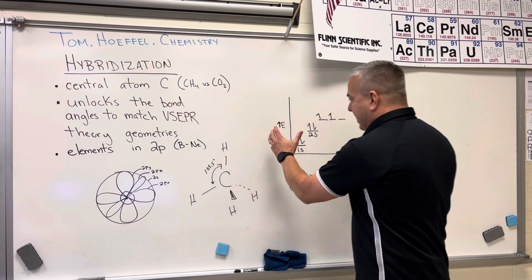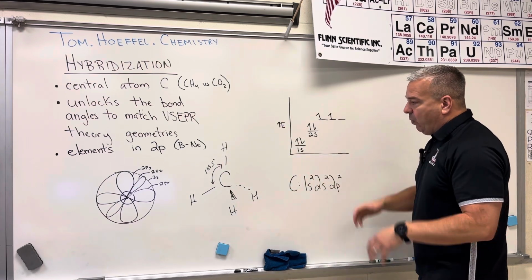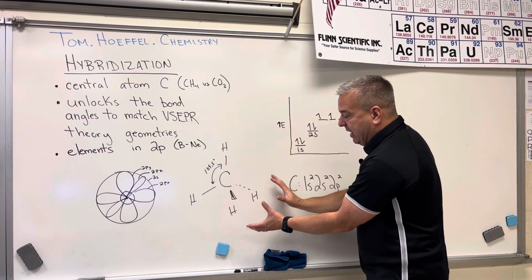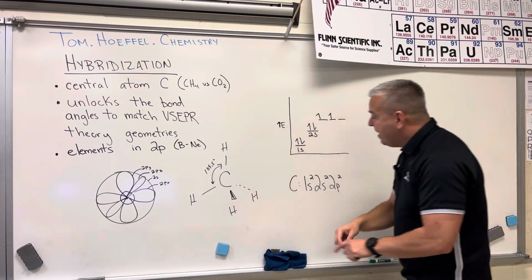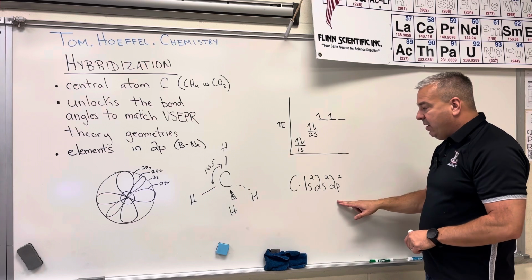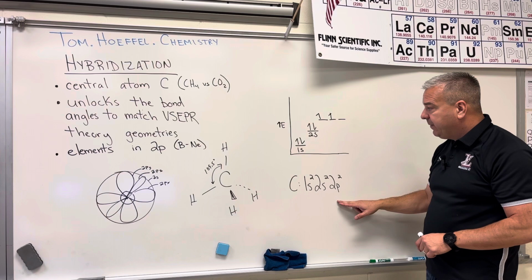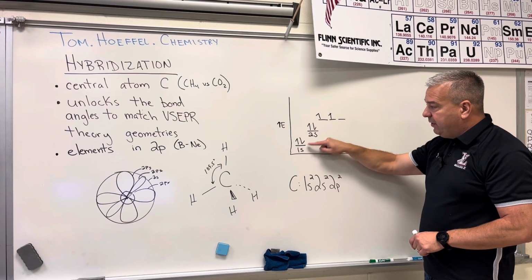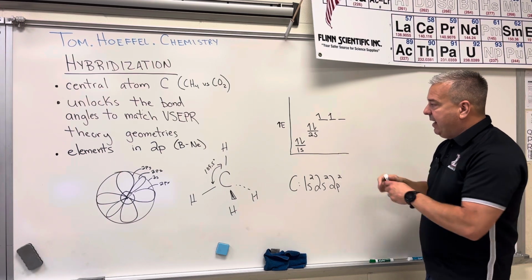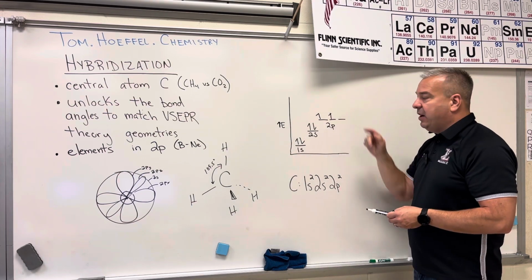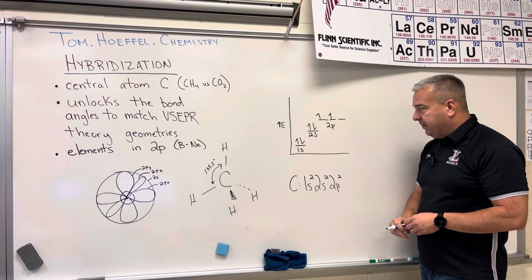So let's take a closer look at what happens in hybridization in carbon to make this tetrahedral shape. If we look at the electron configuration for carbon, it's 1s2, 2s2, 2p2. So the 1s orbital is filled, the 2s orbital is filled, and up here we have the 2p orbitals, with 2 electrons in the 2p orbitals.